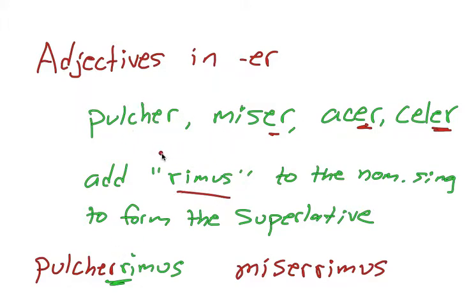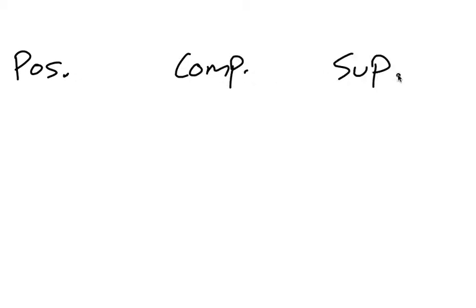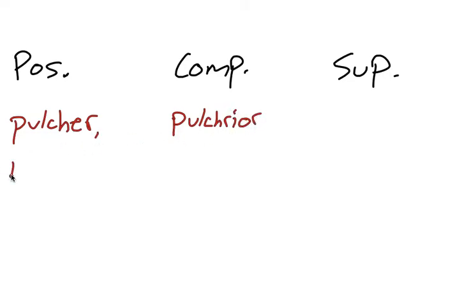So let's do a couple examples of those sort of charted out. So yeah, positive, comparative, and superlative. Okay, we'll use pulcher. So the positive of pulcher would be pulcher. The comparative would be pulchrior, because remember, pulcher in its vocab entry goes pulcher, pulchra, pulchrum.